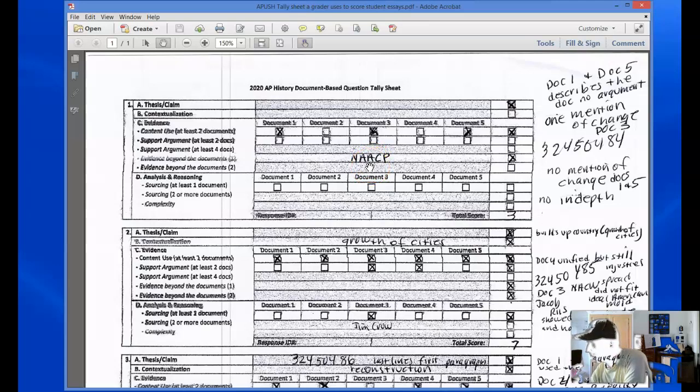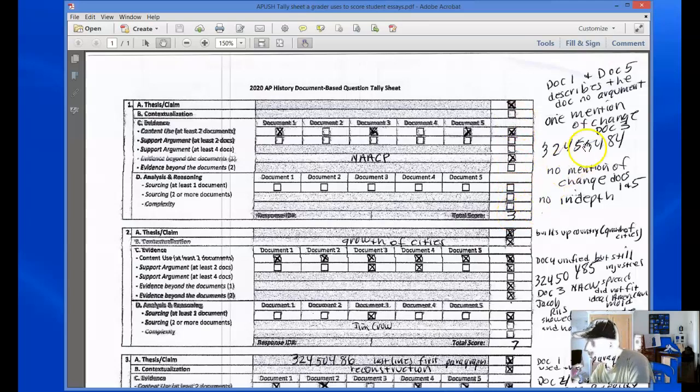Okay? Outside of the documents, nowhere in the documents did they mention the NAACP, but it pertained to that period of time in history. It has something to do with that period of time in history, and they mentioned it. NAACP, they mentioned it in their essay, so evidence beyond the document, they got a point. Okay, so they got 3.